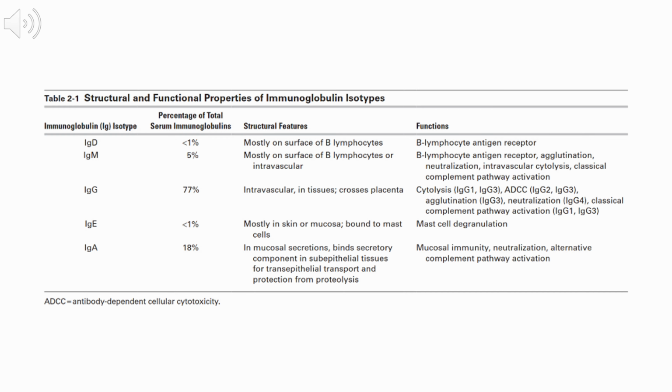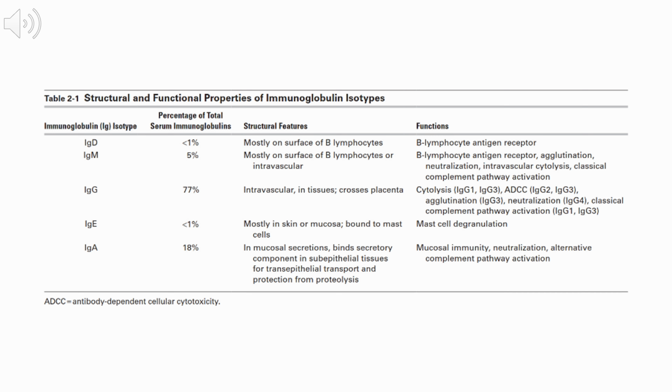the placenta. IgA is the main antibody of mucosal secretions and contributes to protection at epithelial surfaces through neutralization and immune exclusion. IgM is primarily intravascular and is especially important early in the immune response, where it efficiently agglutinates antigen and activates the classical complement pathway.